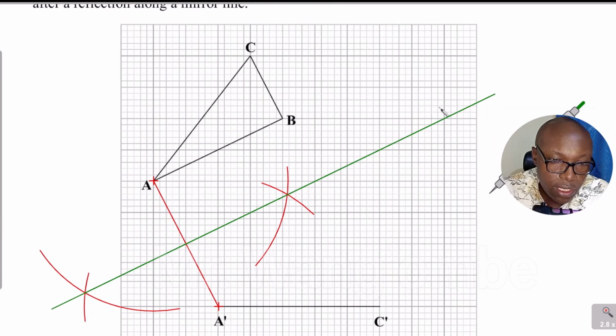You can see that the mirror line is passing exactly between the object point and the image point. You just need one; you can decide to use C prime, but I've just decided to use A and A prime.